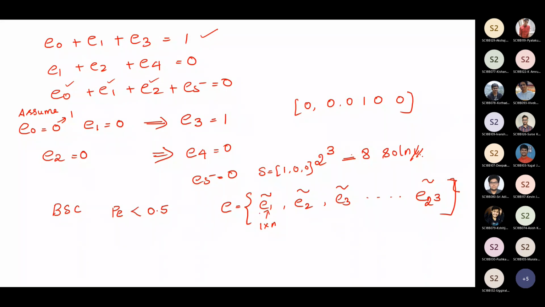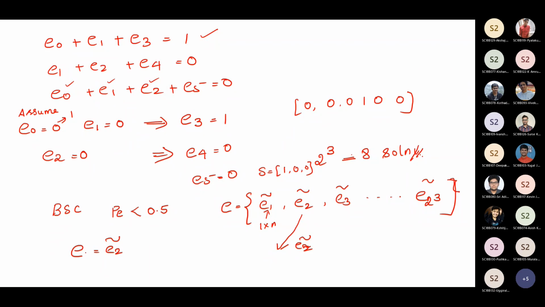For example, E2 tilde has the minimum number of ones, so I am substituting E as E2 tilde.